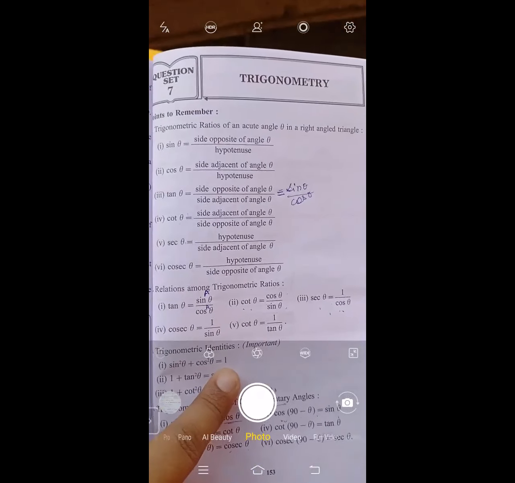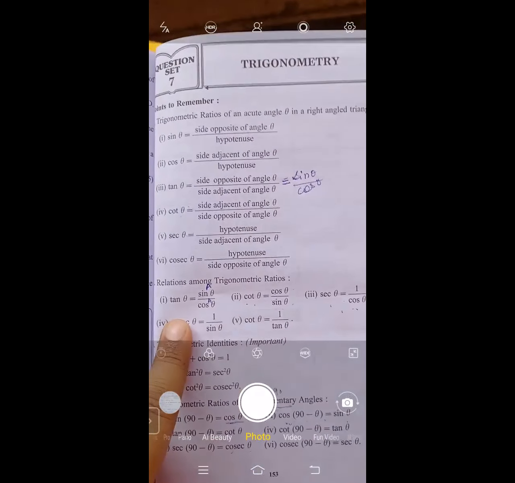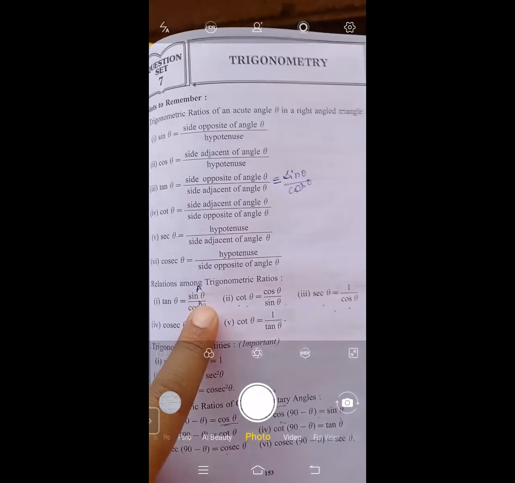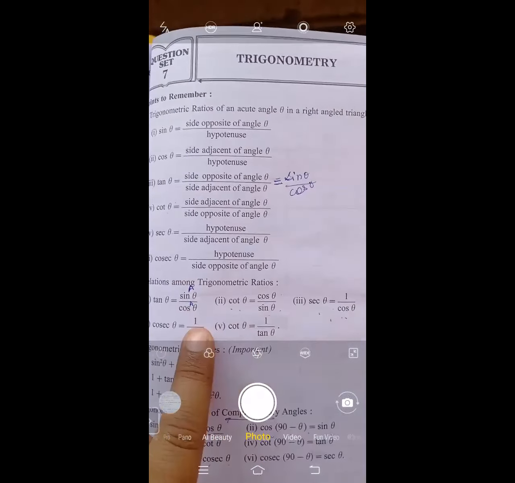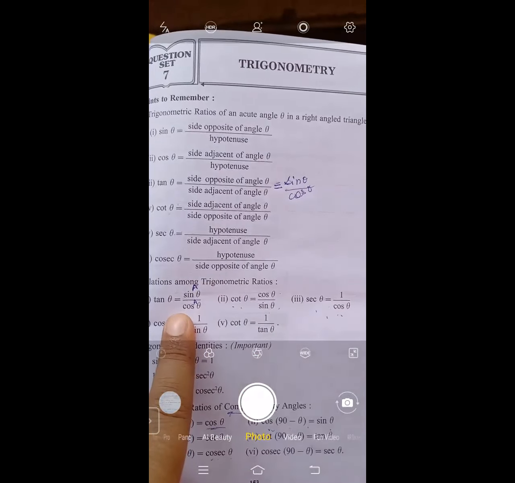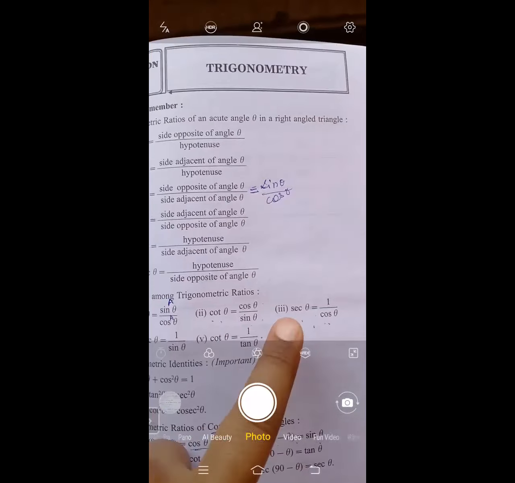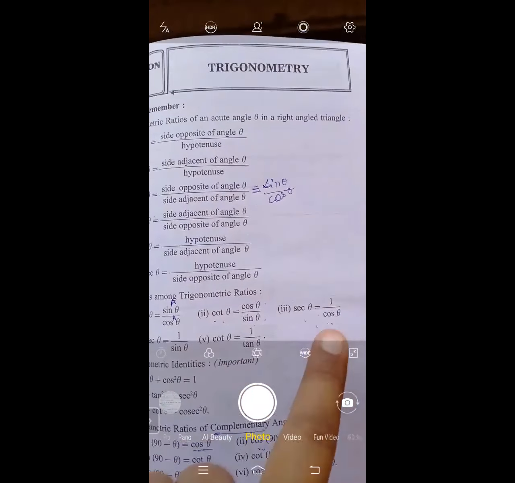Now, what are the relationships among these trigonometric ratios? Tan theta is sin theta upon cos theta. Then what is cot theta? Cot theta is nothing but the reciprocal of tan theta, so it is cos theta upon sin theta. Sec theta is 1 upon cos theta, the reciprocal of cos is sec.